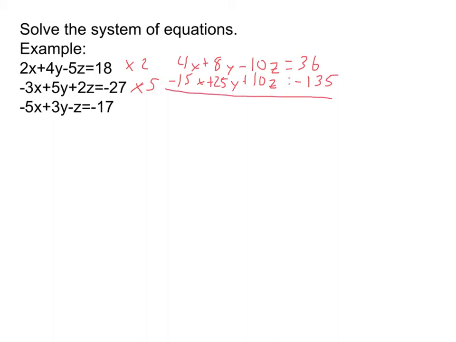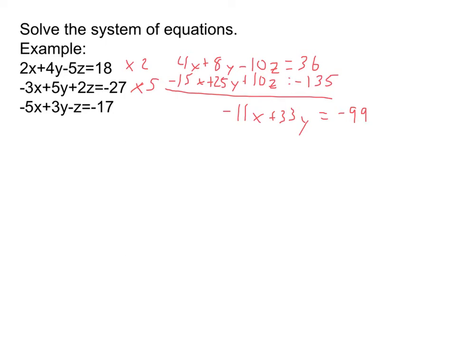Add these up now. 4x plus negative 15x is negative 11x. 8y plus 25y is plus 33y equals 36 minus 135, which is negative 99. Okay, there's our first new equation that does not have a z. Now we need to come up with a second equation that doesn't have a z, and then we can solve that new system of equations.